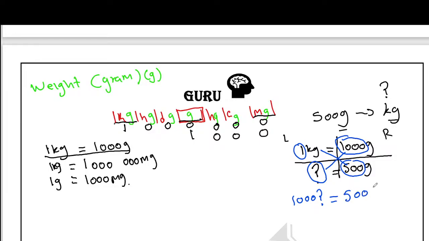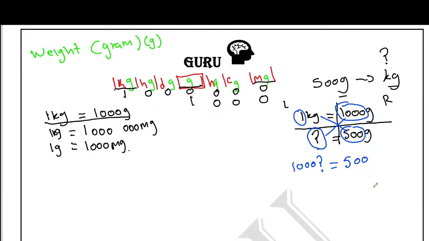Okay, so now because we are looking for the question mark, we divide both sides by 1000. So this 1000 is gonna cancel this 1000. Okay, so that is going to be 500 divided by 1000.